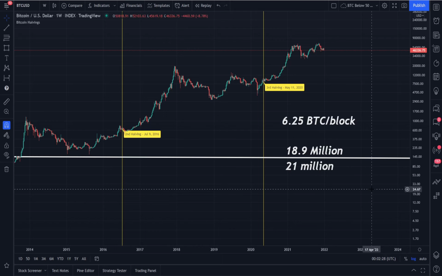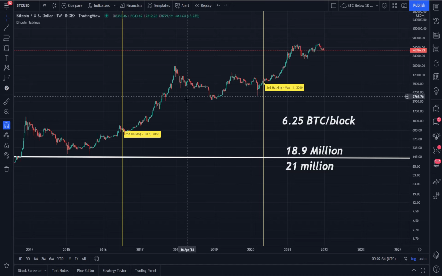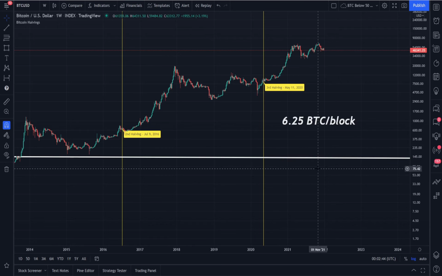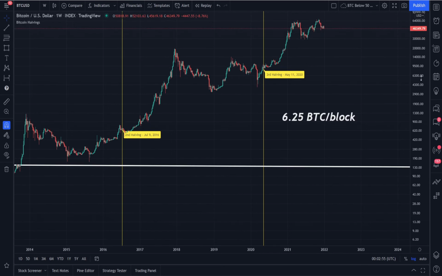What this means is that the miners are no longer generating the majority of the Bitcoin that goes onto the exchanges every day, because the vast majority of Bitcoin has already been mined. They will continue to mine the remaining 2 million or so Bitcoin over the next 120 years or so, but most of the Bitcoin that is to be mined is already out there.